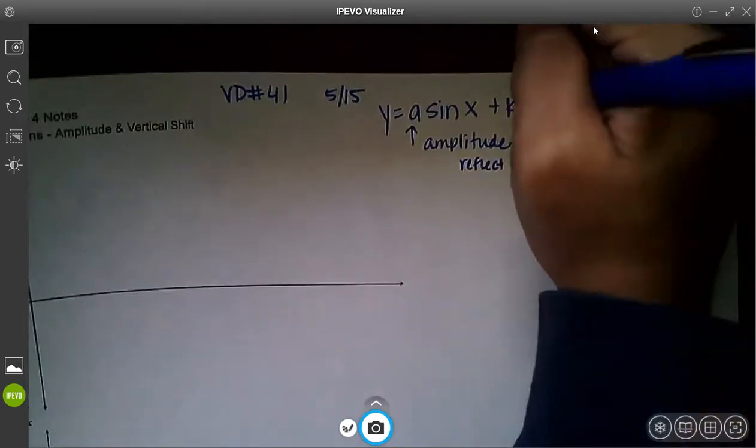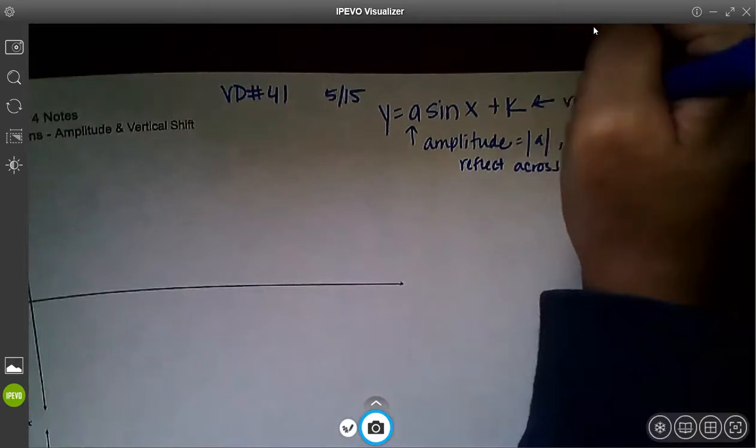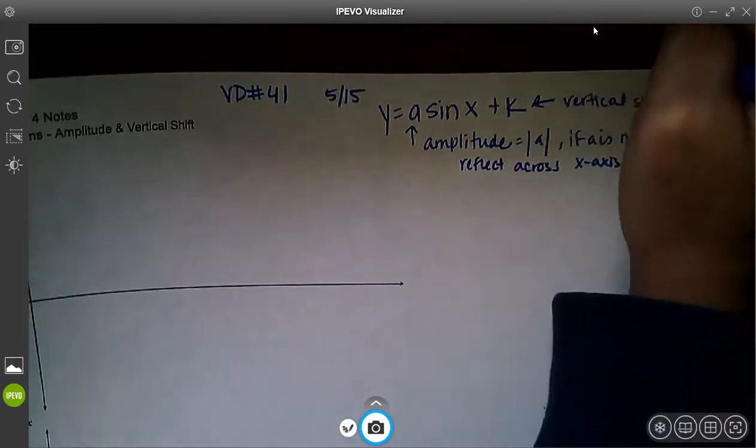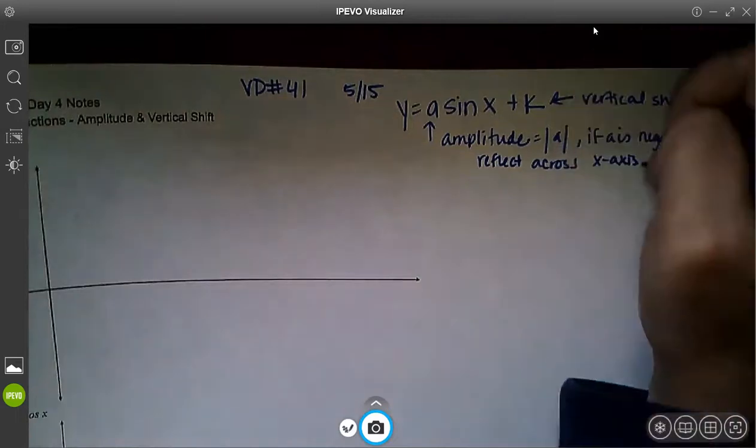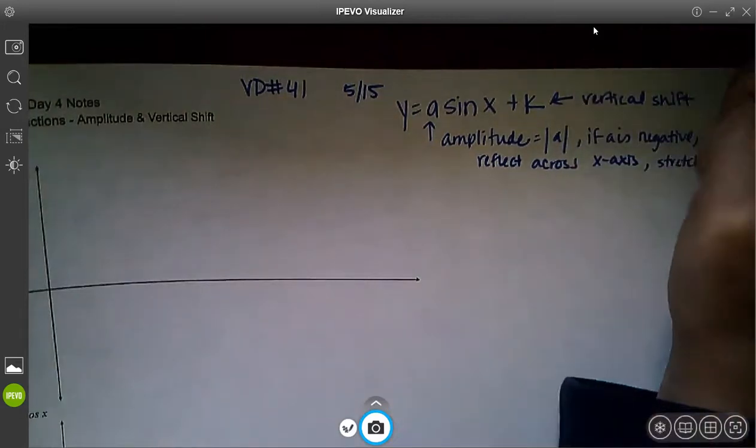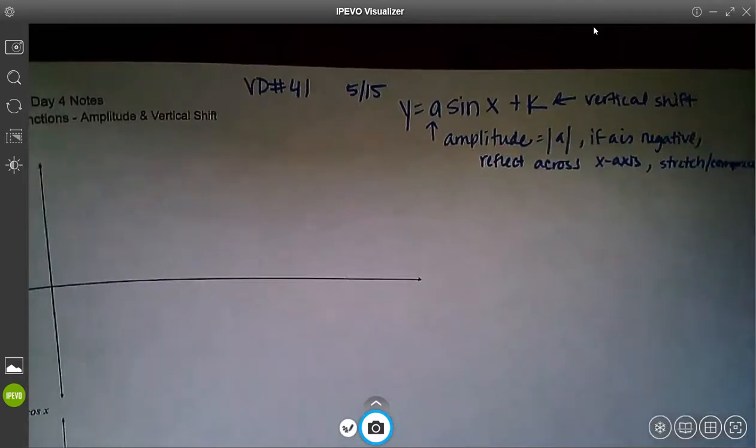K is your vertical shift. And a is like a stretch or compression. But it'll make more sense in just a second.